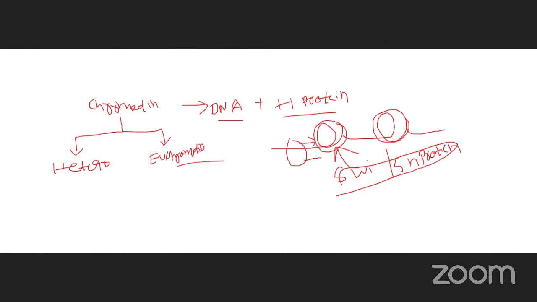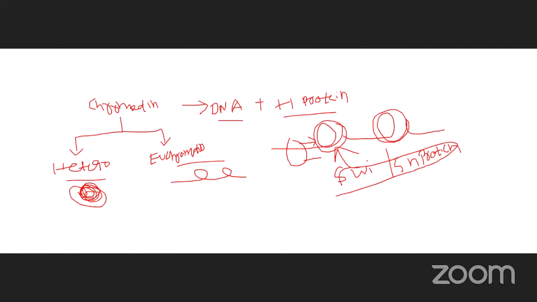Heterochromatin is more densely packed, here the dark color. Here it is loosely packed, light color. This is transcriptionally silent because if it is tightly packed, the polymerase enzyme cannot move and cannot form the RNA. That's why it is silent.